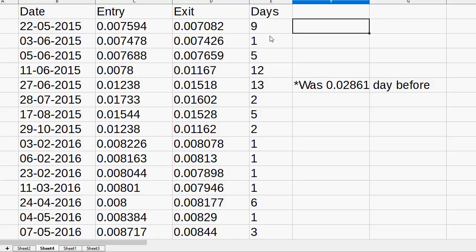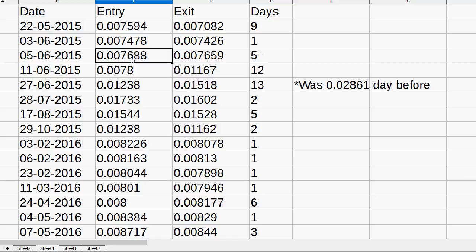Actually, that looks fine. All right then, so we see 75.94, you buy, you get out at 70.82 after 9 days. That's a losing trade. You buy back at 74.78, and then you sell for a small loss the very next day.